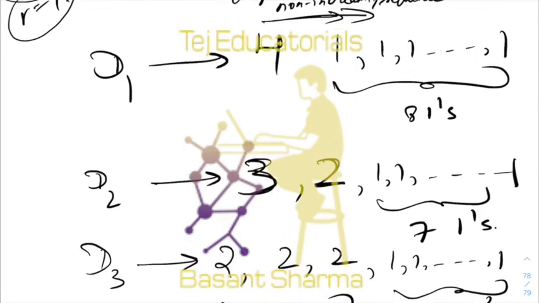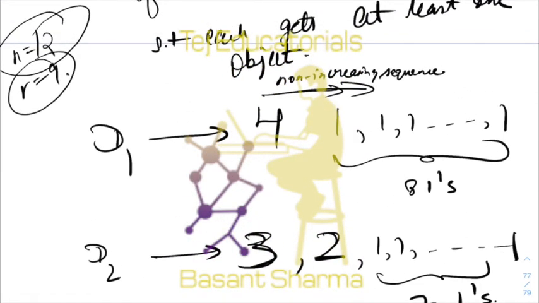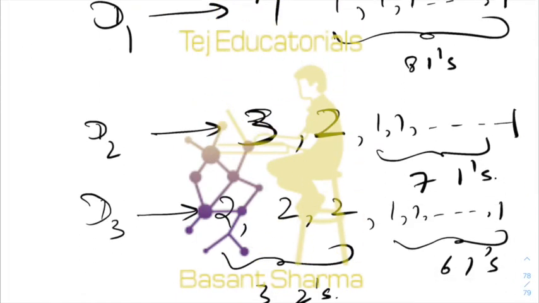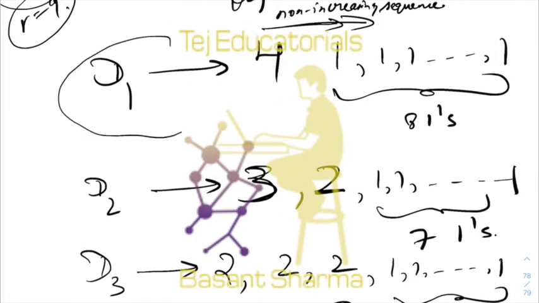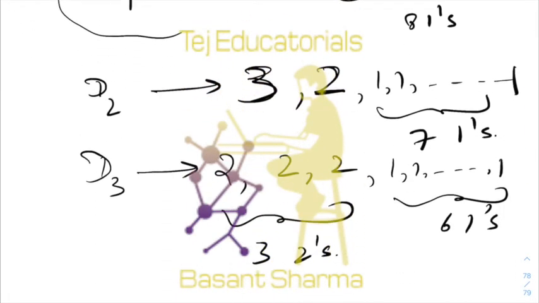Now the idea is, if you remember, we studied something known as grouping, right? So what you do is use grouping corresponding to each distribution. Corresponding to D1, the number of ways of grouping would be, corresponding to step 2.